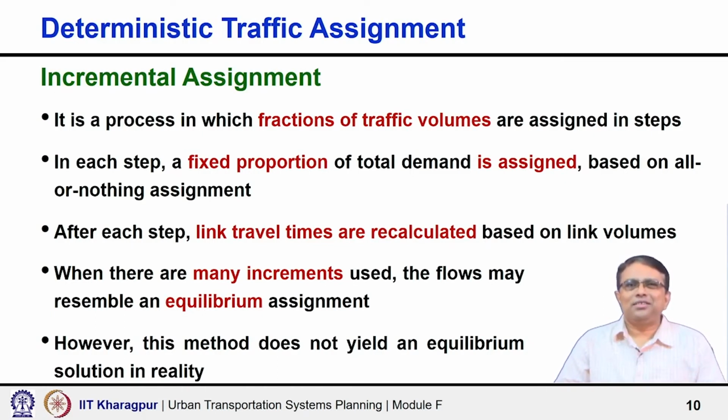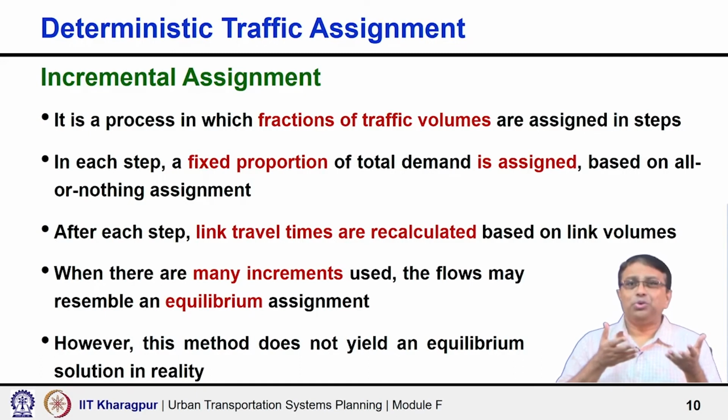So, in this case, if my number of increments is really high, then theoretically I would be very close to the actual solution, because my travel time is not changing drastically, with small incremental loading and accordingly small change. Fantastic.